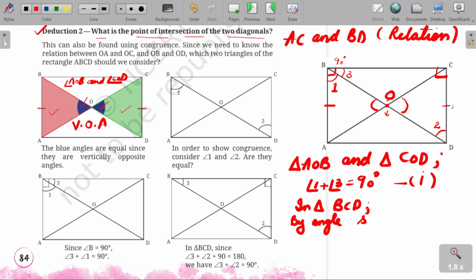The angle sum property means the sum of all the angles of a triangle is 180 degrees. That means, with the 90 degrees, angle 3 plus angle 2 plus 90 degrees will be equal to 180.